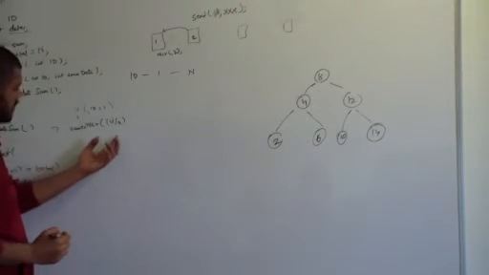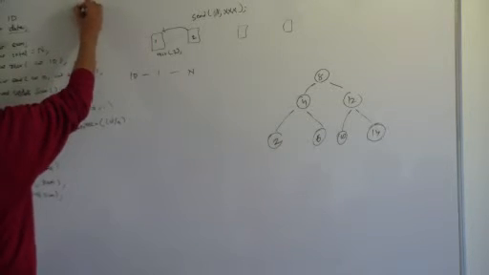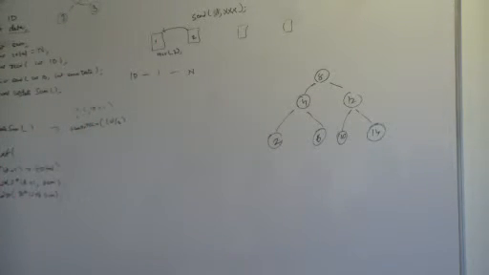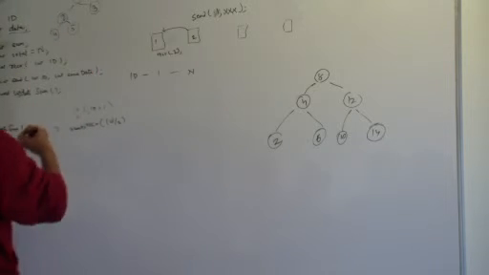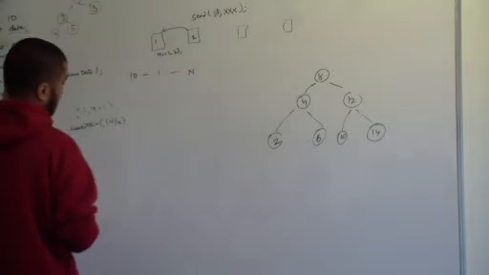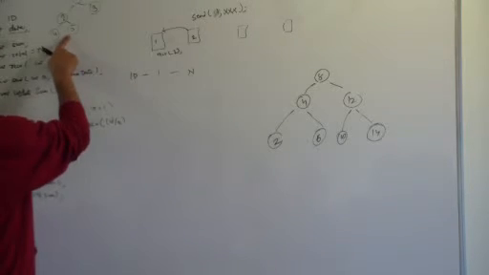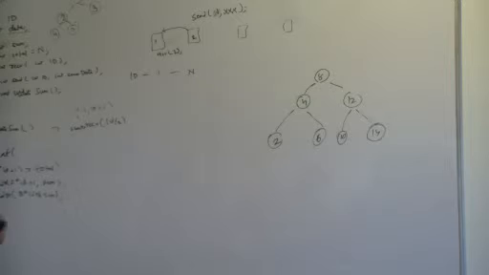What will be over here, ID by 2, what will be the parent? So 1, 2 and 3. It's 2. ID by 2, that's it. ID by 2 is always the parent.